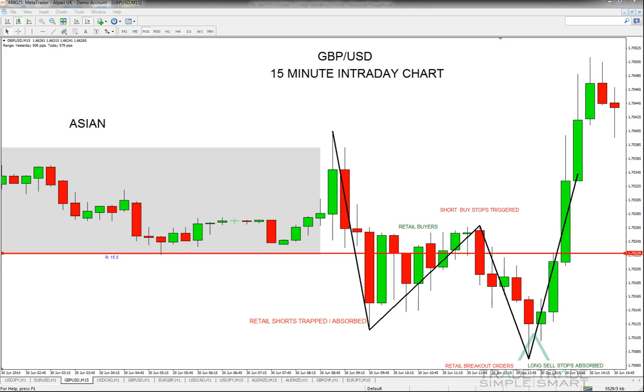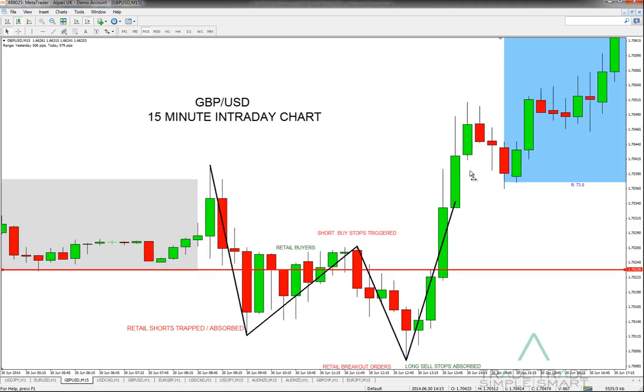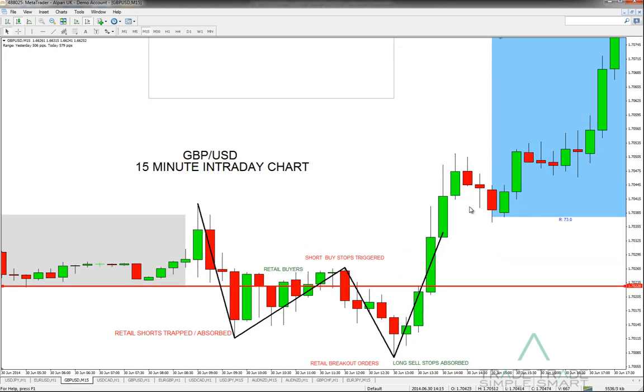These buyers will hoard their stops below the most recent set swing low, and smart money will again see this and come down, hit the stops, buy into this selling pressure, and then ultimately move the trend to the upside. And we can see here a significant trend takes place.